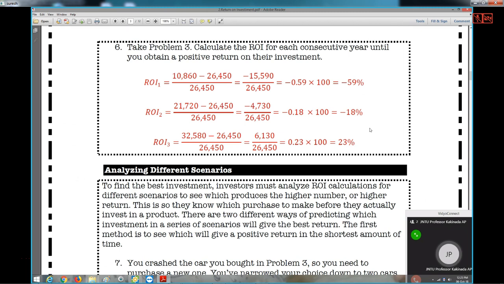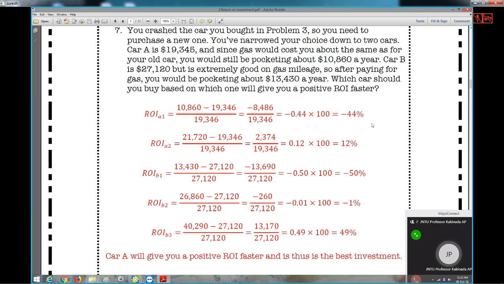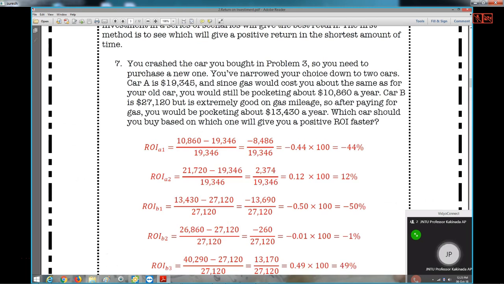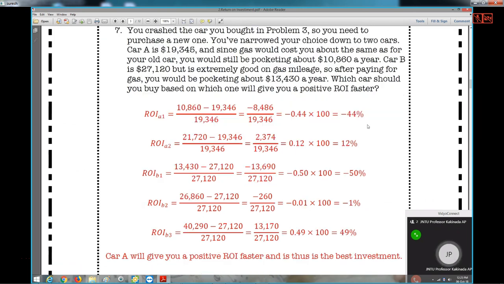That is profit. And in different scenarios here we are going to see, suppose you crash your car in problem 3 and you need to purchase a new one. And there you have two choices. First, car A is worth $19,345.